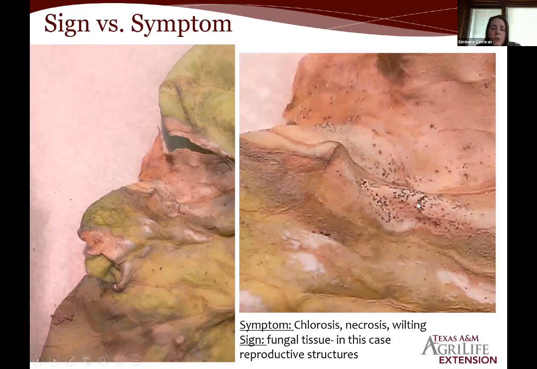So the black specks are reproductive structures of the fungus, and the white cottony material is the fungal somatic tissue, if you will. And we'll talk more about those in detail in a few minutes. So symptoms are what happens to the plant in response to the pathogen infecting it, and signs are actual pathogen tissues.